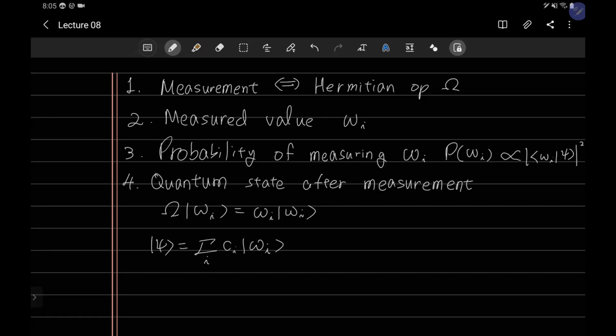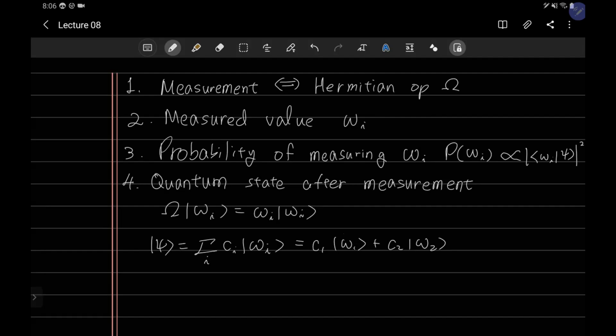Let's think about some concrete example. Let's assume that some measurement operator has two eigenvectors, and let's call them omega 1 and omega 2. In that case, some arbitrary quantum state will also be represented as a linear combination of omega 1 and omega 2 with some coefficients.